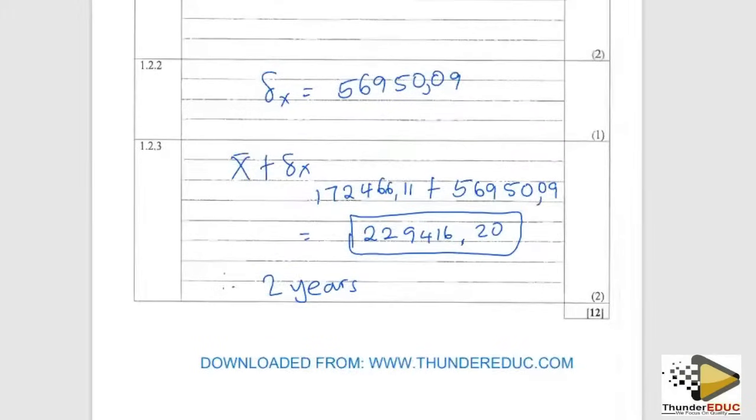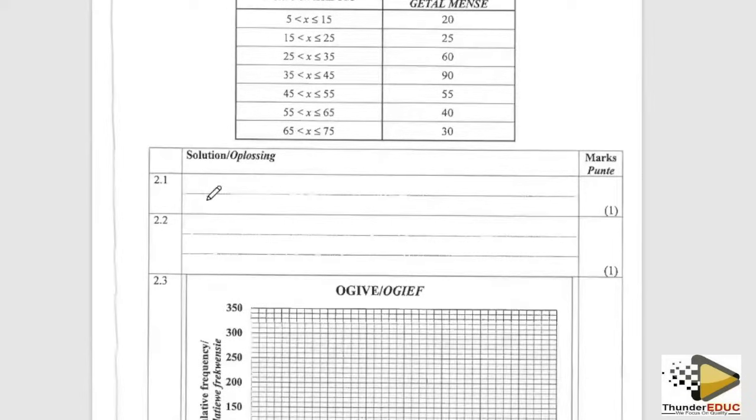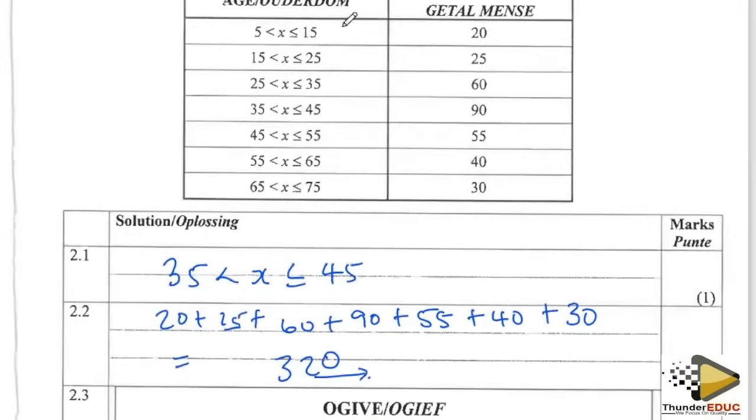So I'm just going to add up those numbers very fast: 20 plus 25 plus 60 plus 90 plus 55 plus 40 plus 30. And the total that I'm ending up with is 320. So this is the number of people that attended that concert.